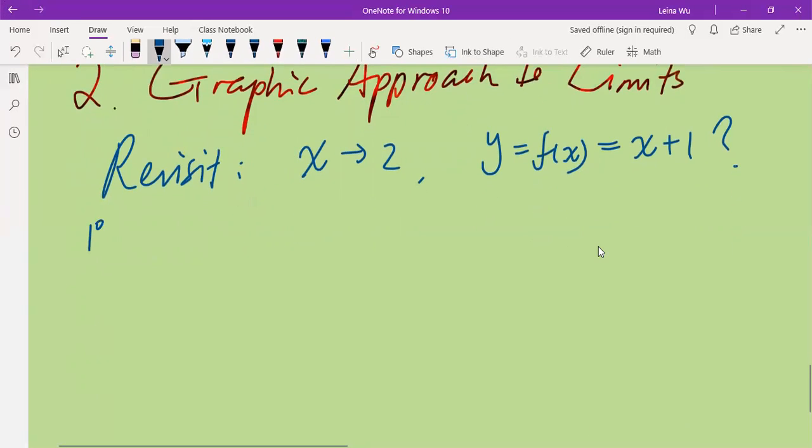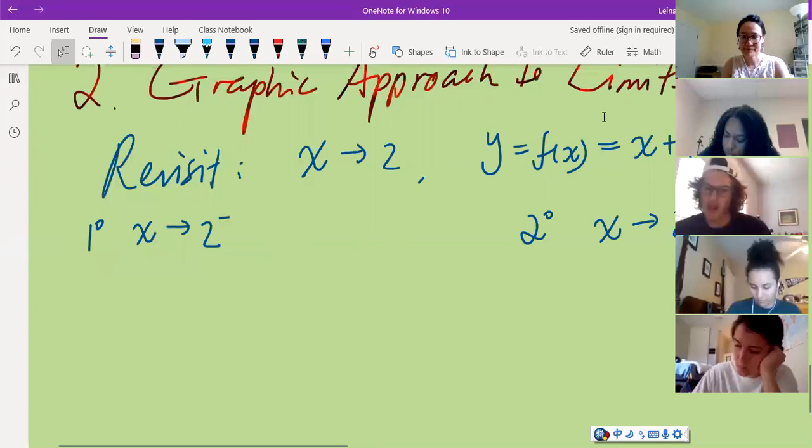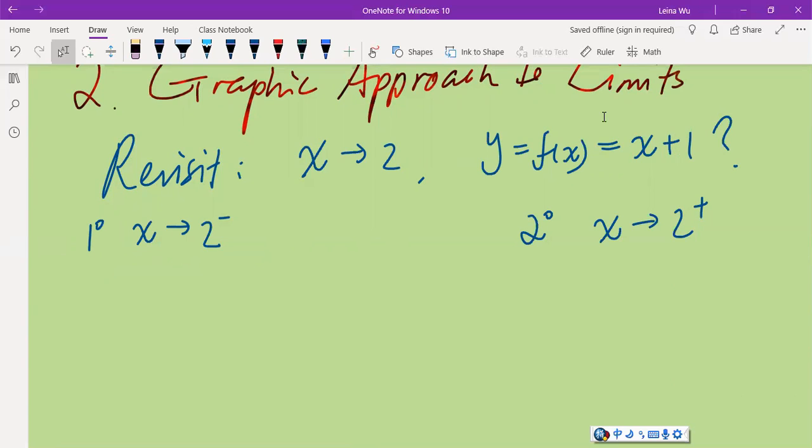As we have mentioned, we should look at two sides. First is when x is approaching 2 from the left, and second case will be x approaches 2 from the right. Good so far? Okay. Usually we look at the left side limit and right side limit.